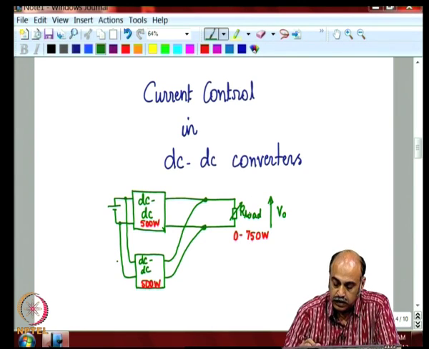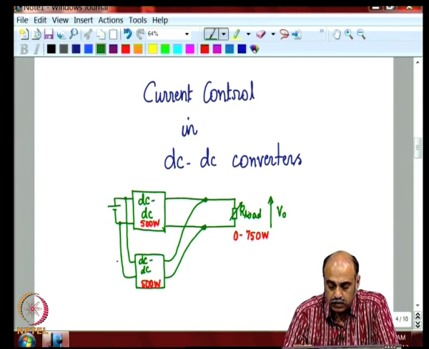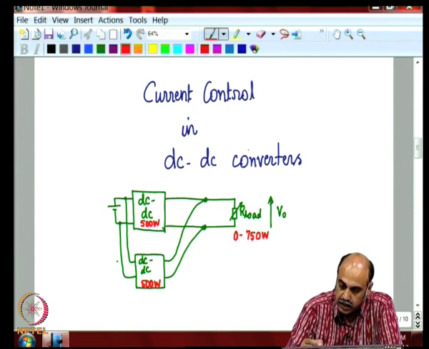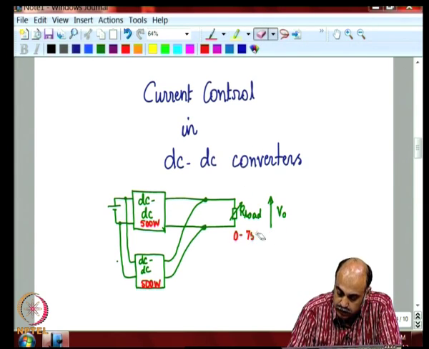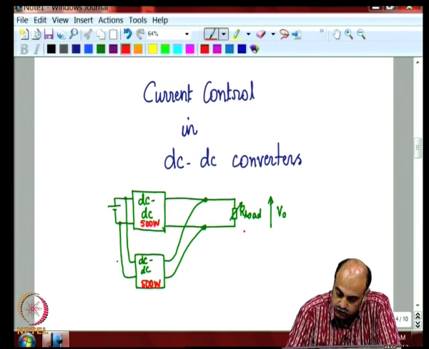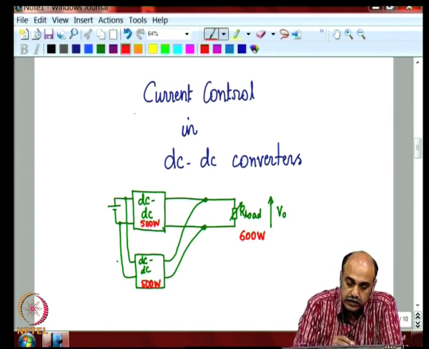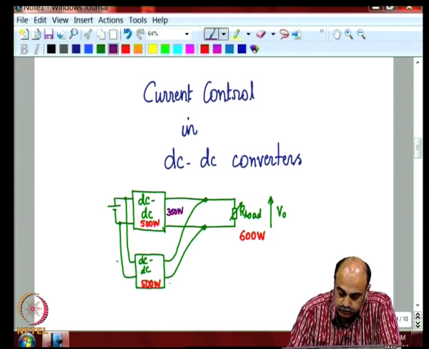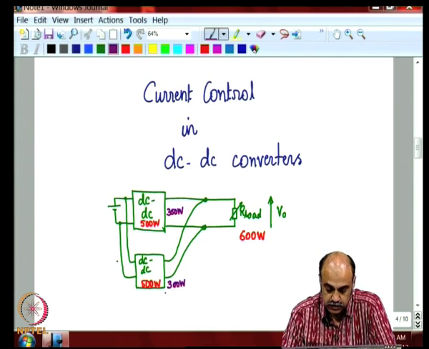So, if the load at any given point of time is, let us say, I will put it as 600 watts, will it draw 300 watts from here and 300 watts from here automatically? Is it possible?